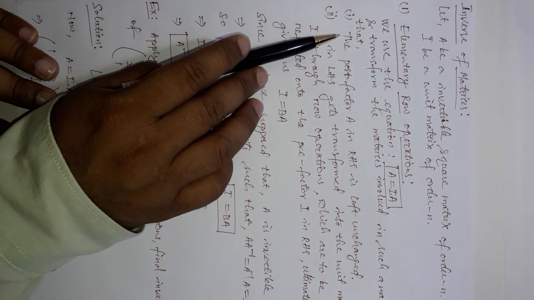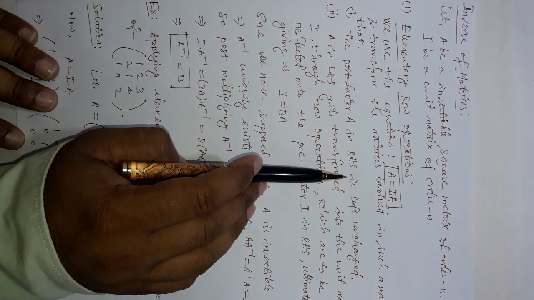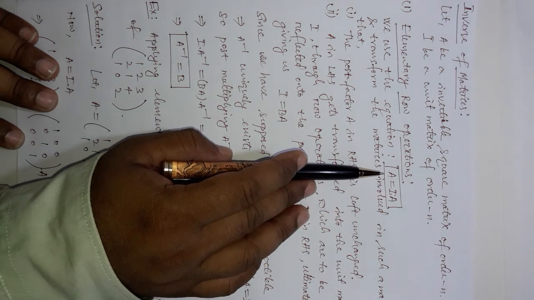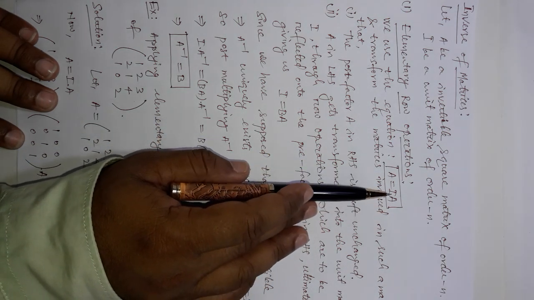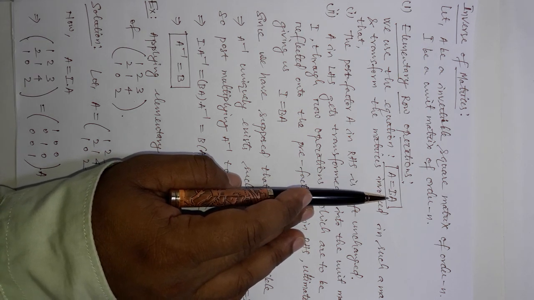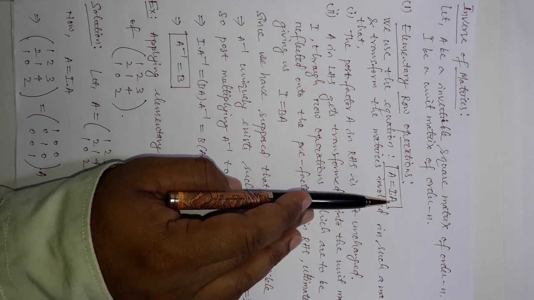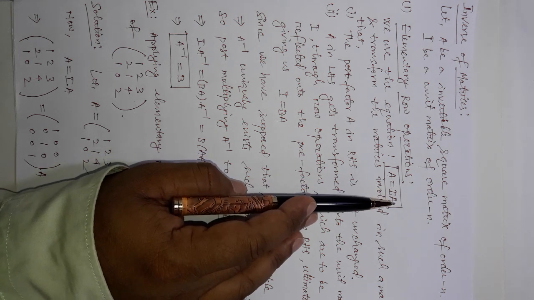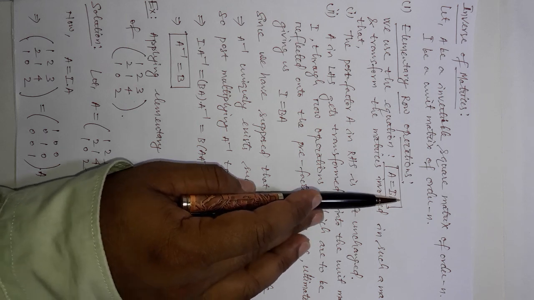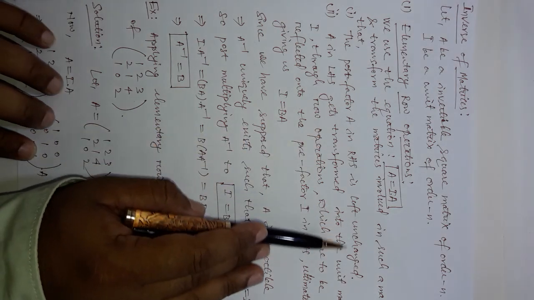In the first step, the post factor A on the right hand side is left unchanged. Pre means before, post means after. You can see on the right hand side there are two matrices, I and A. I is the pre factor and A is the post factor. Here this post factor A will not be touched; it will be left unchanged.